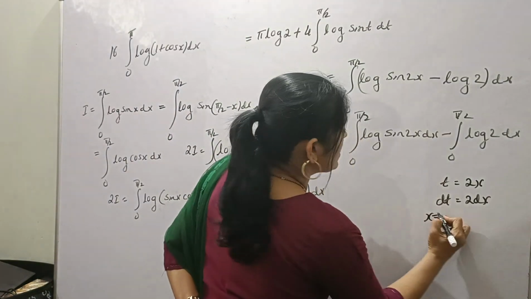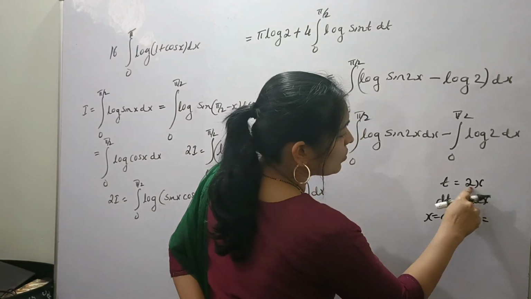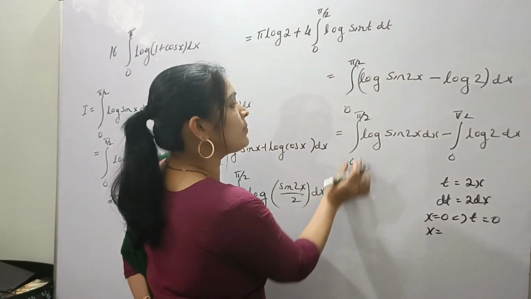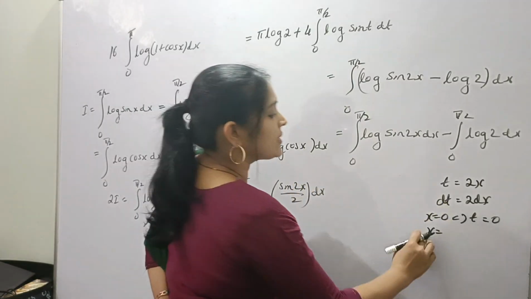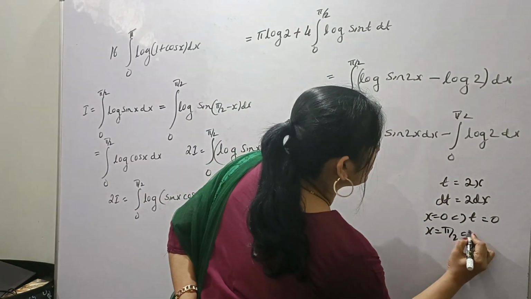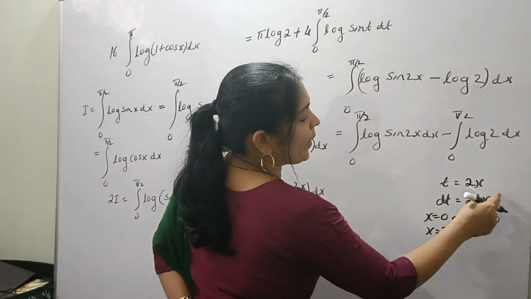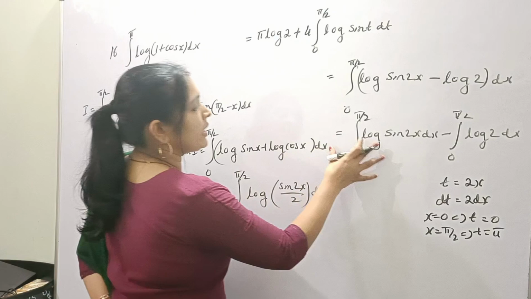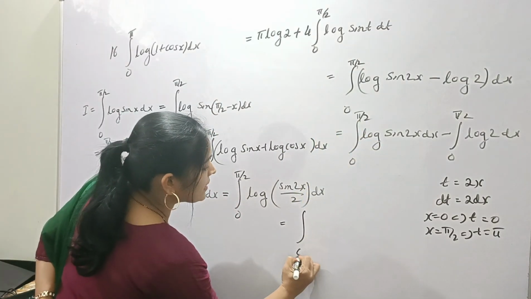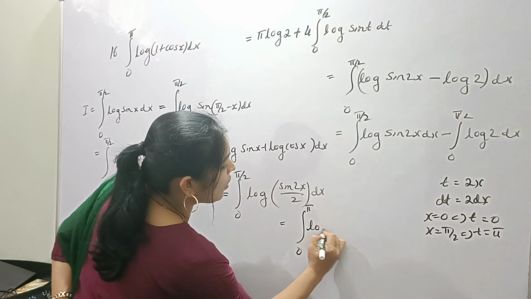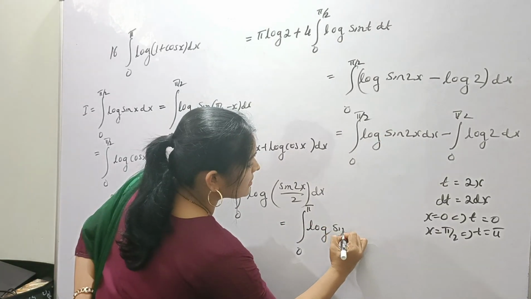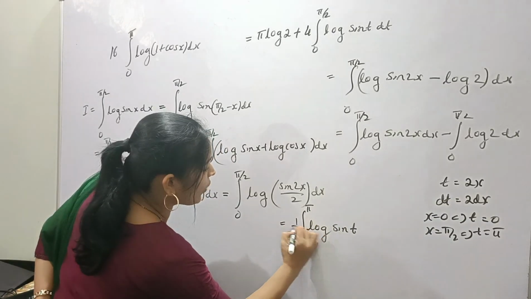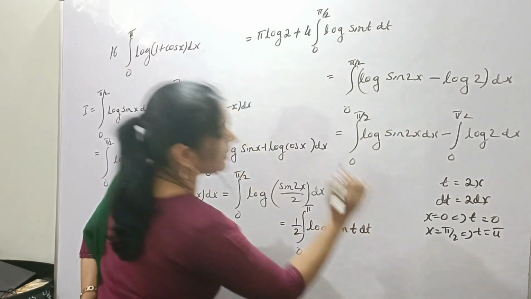When x is equal to 0, t is equal to 2 into 0, that is 0. When x is equal to pi by 2, t is equal to 2 into pi by 2, that is t is equal to pi. So this integral will become integral 0 to pi of log sin t, with dx equal to dt by 2, so 1 by 2 into log sin t dt.